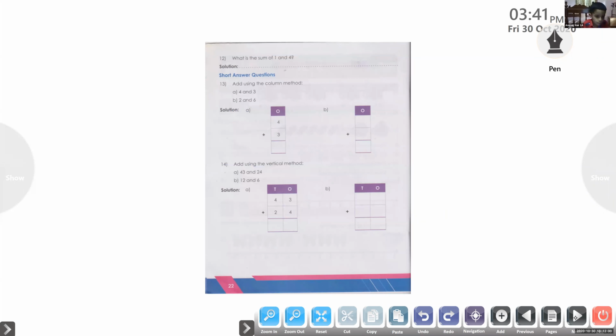What is the sum of 1 and 4? Very good. 1 plus 4 is equal to 5. When we add 1 to a number, we get the next number.